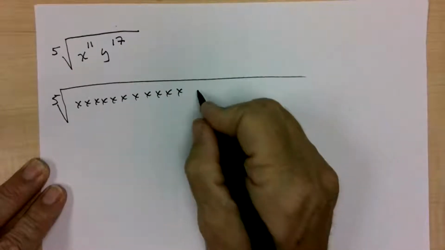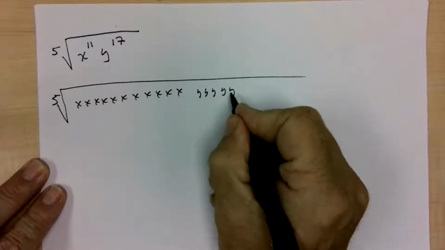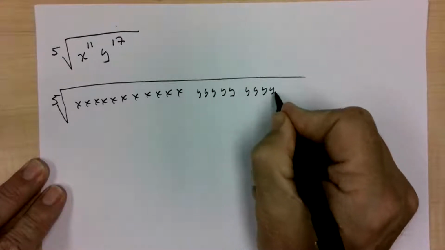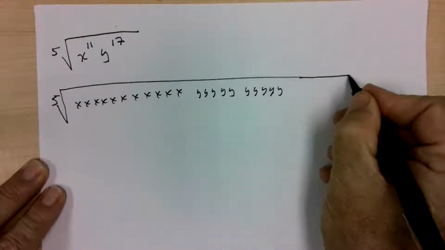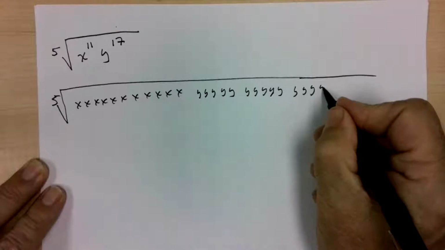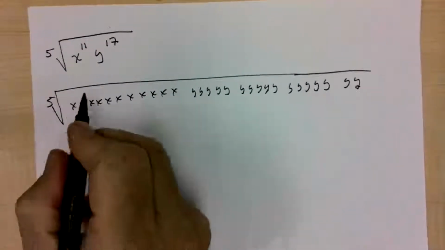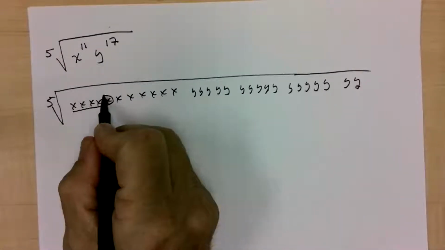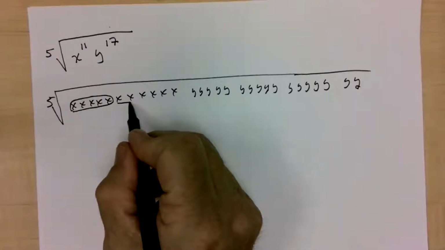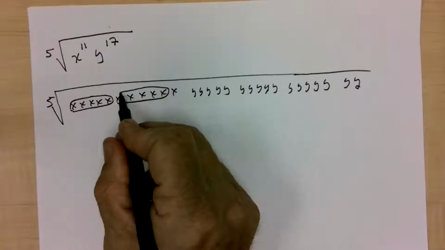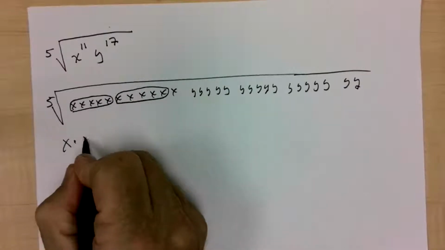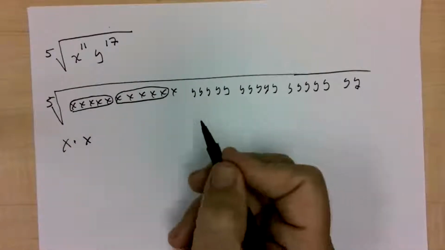Then I need 17 y's. 1, 2, 3, 4, 5, 6, 7, 8, 9, 10, 11, 12, 13, 14, 15, 16, 17. And I need to circle 5 of them now. 1, 2, 3, 4, 5 is there. 1, 2, 3, 4, 5 is there. So x comes out, and then another x comes out, and that last x, the 11th x, is left.